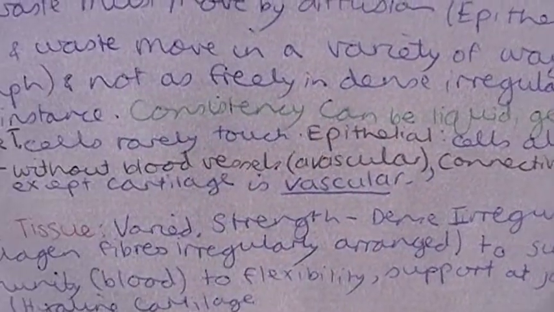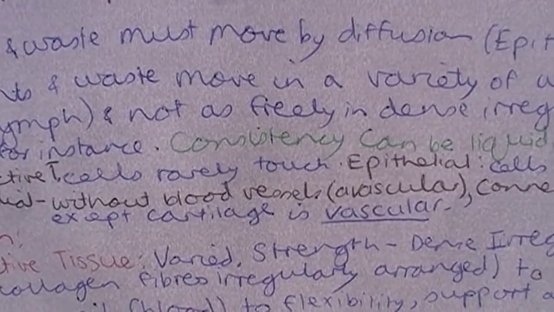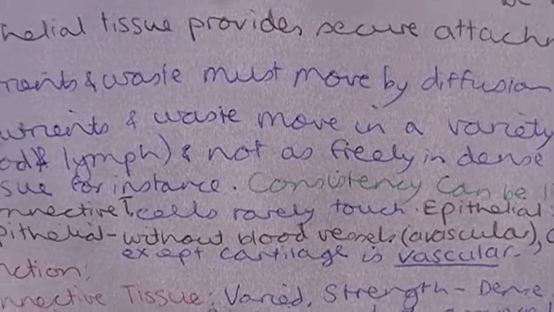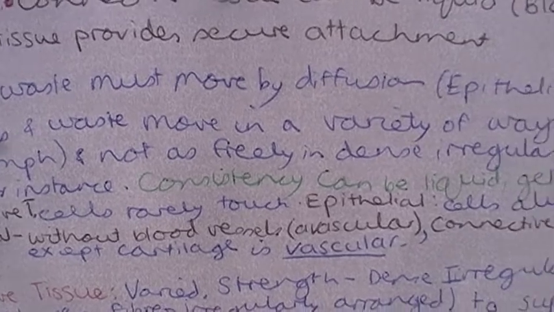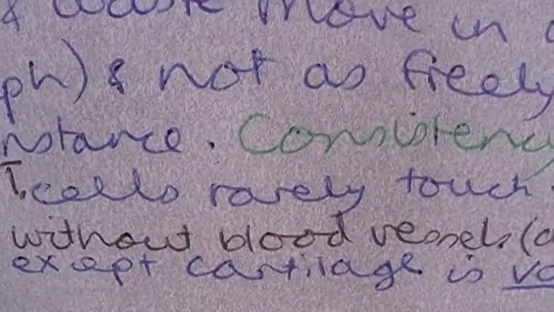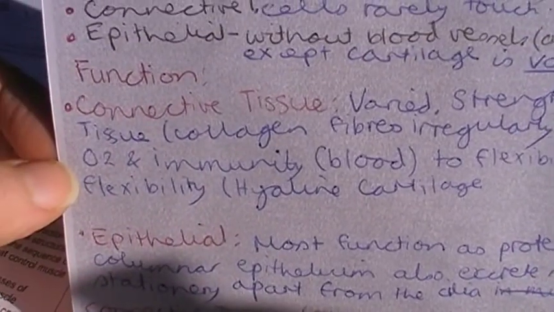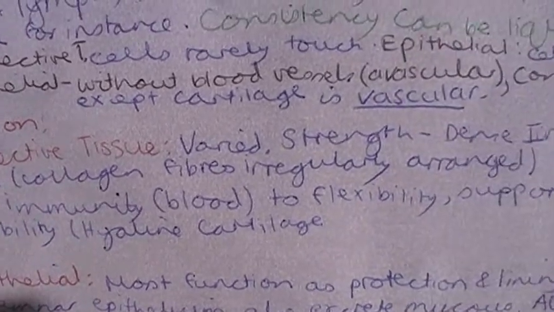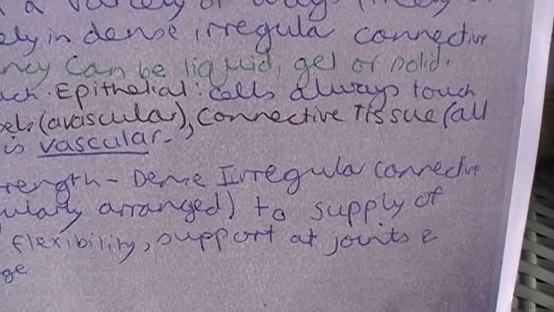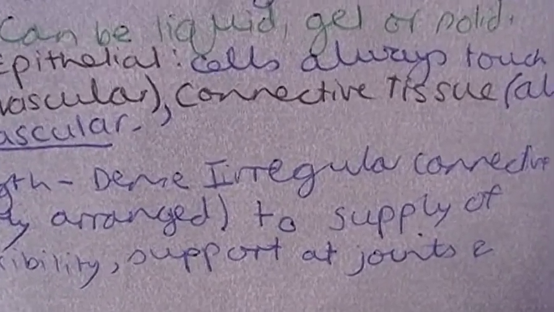Connective tissues, are they vascular? Yes, they are. They're vascular, whereas epithelia are avascular. The only one in connective tissue that is avascular is functionally. Connective tissue has a variety of strengths. What's the strongest one?